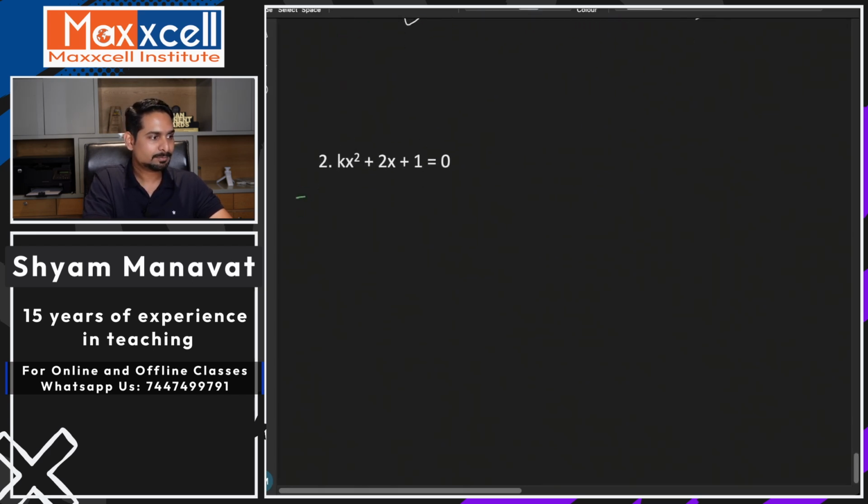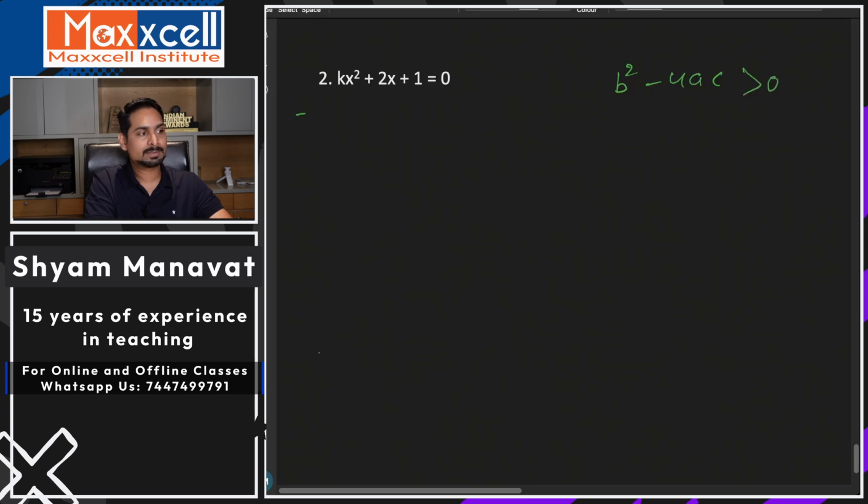Question number 2. Here again, the question said find the value of k such that the roots of this equation become real and distinct. For that, discriminant has to be more than 0. So for that, I compare the equation with the standard form of equation. See, I'm writing all over again in every question, so you can learn, you remember, it has to be registered here.